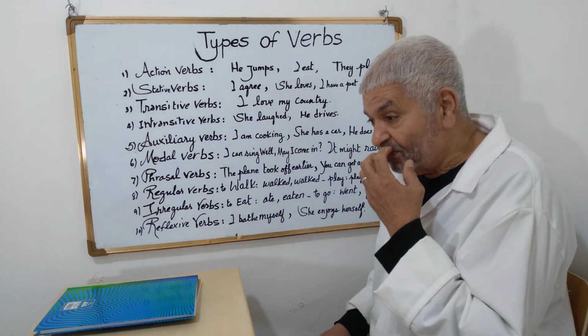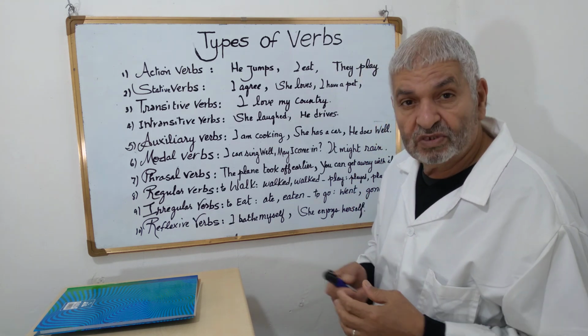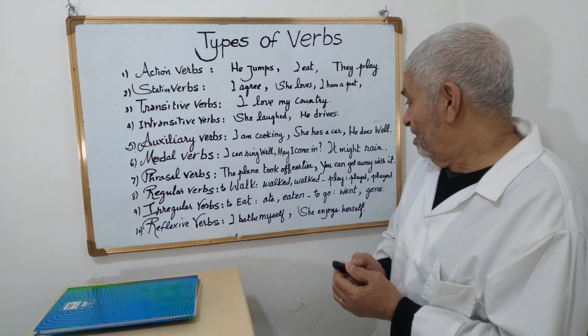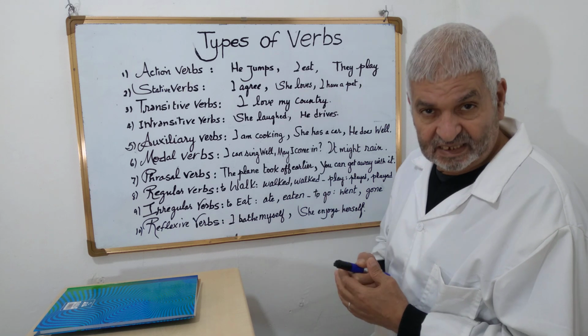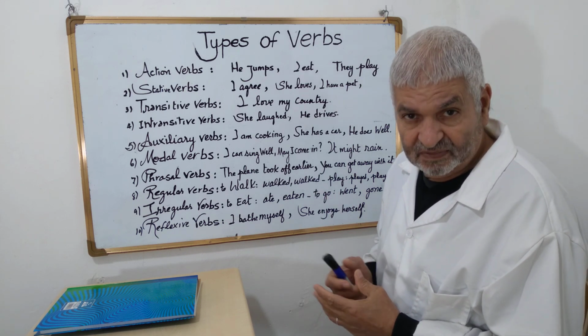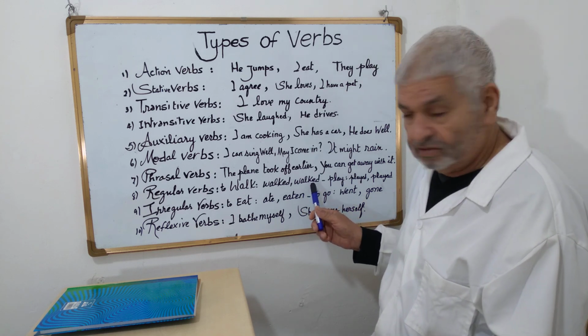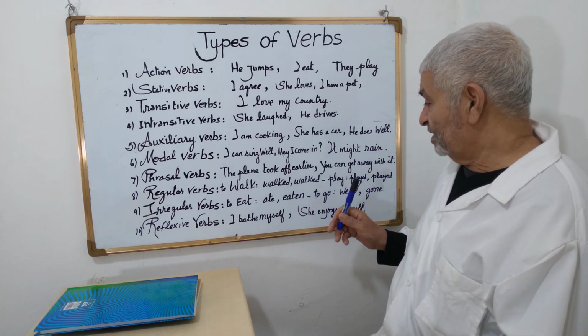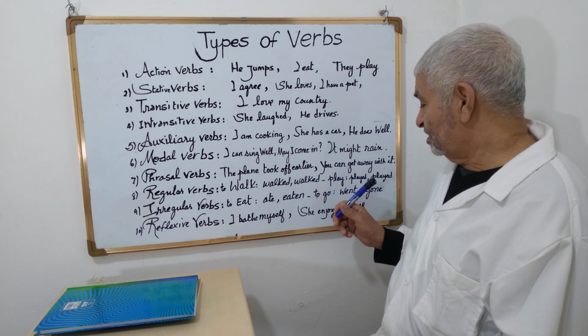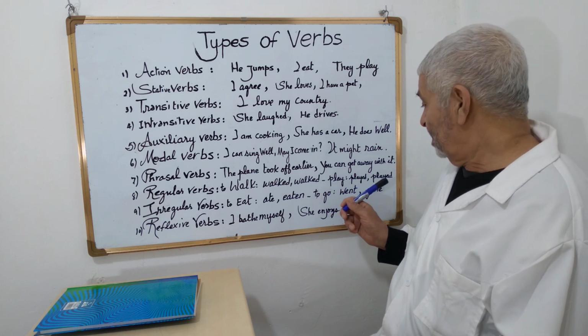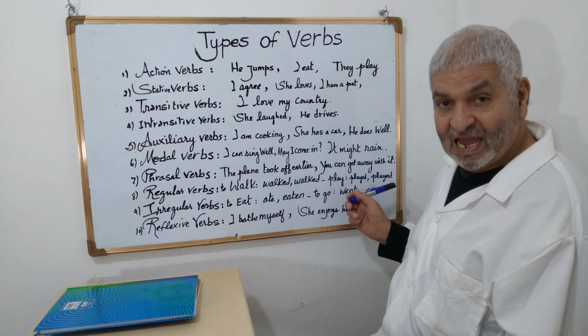The past participle comes in when you use the perfect tense. You say I have walked, or in the past simple tense, you say I played, and in the perfect tense we say I have played.